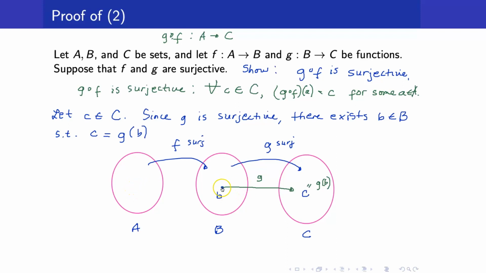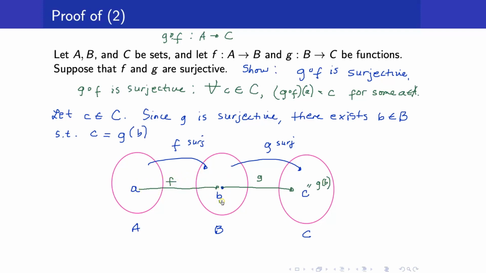Now that we have an element small b in capital B, we will now use the fact that F is surjective. What does it mean if F is surjective? We can find a corresponding element in its domain such that when you map this under the function F, you get B. Correct?